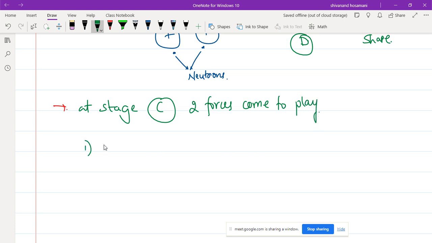The first one is the deforming force. The second one is the attractive nuclear force.